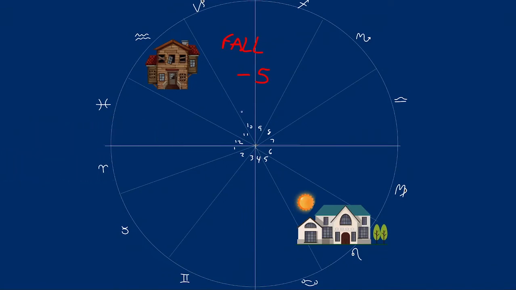Again, different people rate it differently, but if you look at fall, it is going to be across the street from exalted. So exalted across the street is fall. Exalted across from your home is detriment. But either way, if you're at home or you're exalted, then across the street is always going to be bad. So you can see that.